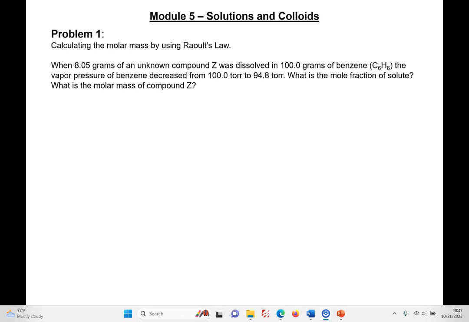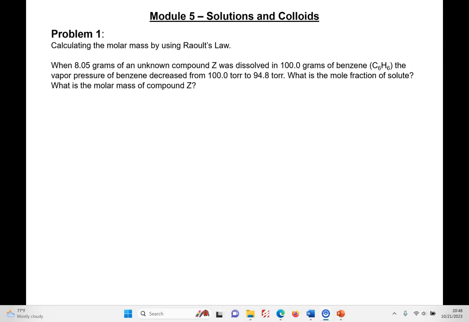All right, the problem says when 8.05 grams of an unknown compound, and we're going to call this compound Z, it doesn't matter what you call it, is dissolved in 100 grams of benzene, the formula for benzene, C6H6, the vapor pressure of the benzene decreases from 100.0 torr to 94.8 torr. What's the mole fraction of the solute? And then what's the molar mass of compound Z?